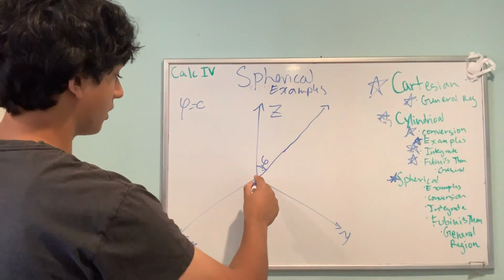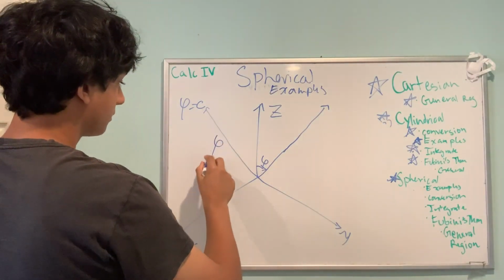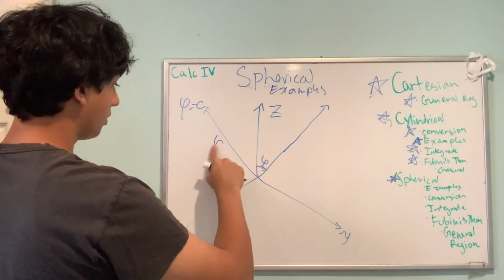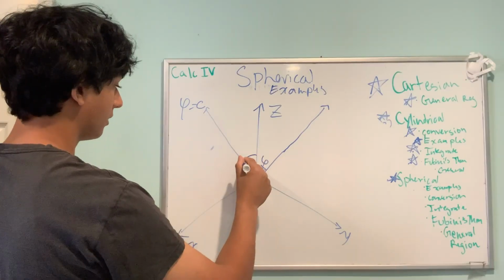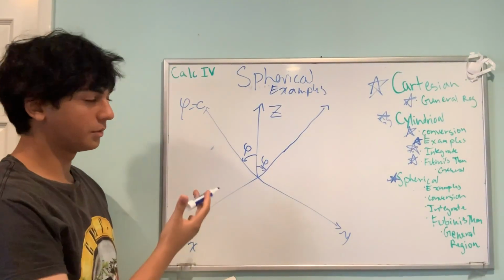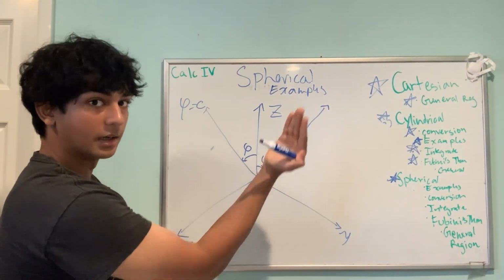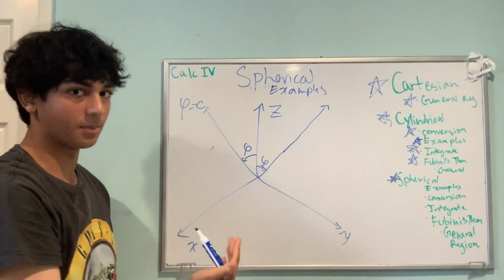Now, let's draw another one here. This is also angle phi away, right there. That's also angle phi. Now, you may be thinking, what about here and here and here, out of the page and into the page as well?